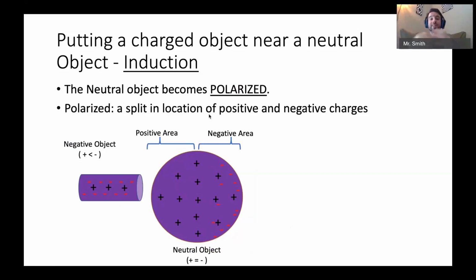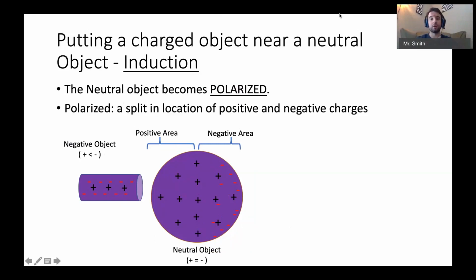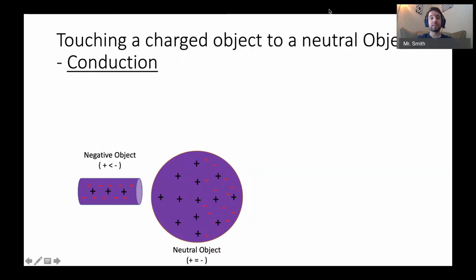So this is what happens in induction: if you induce an area, it becomes super positive and super negative. The last thing we have to talk about is conduction. Conduction is what happens if I actually take this negative object and touch this neutral object. So we're going to show that. Well, bam, they've made contact. Now some of these electrons are going to transfer over.